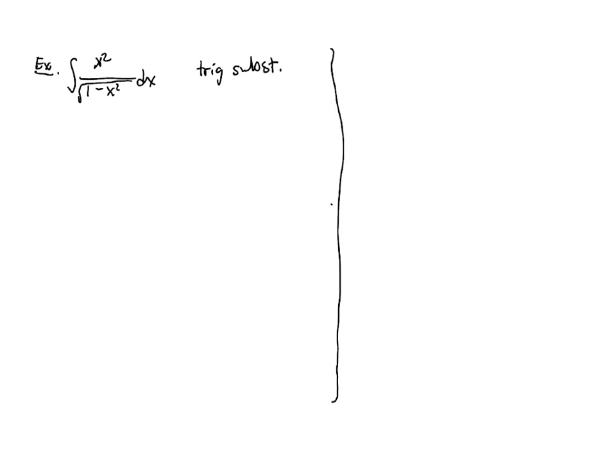And for this particular one, we would use the substitution of x equals sine theta. So this is one that fits into one of the standard forms, so we don't have to go through asking: is it trig functions, is it rational functions, is it a product? No, no, no. It's got that special radical form. We don't even have to go through and complete the square on that one.